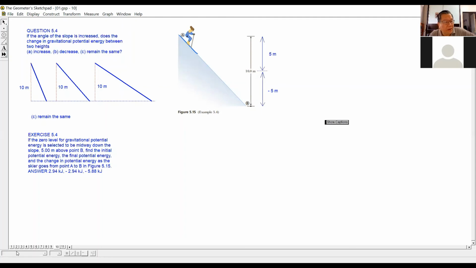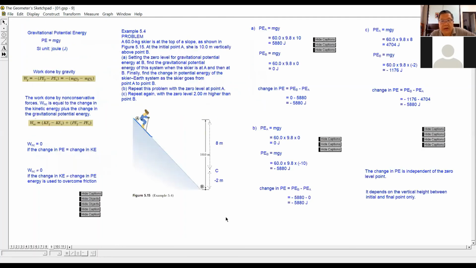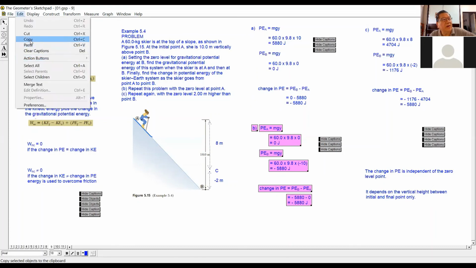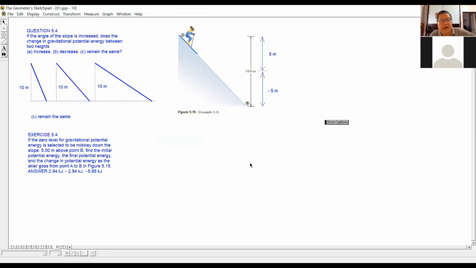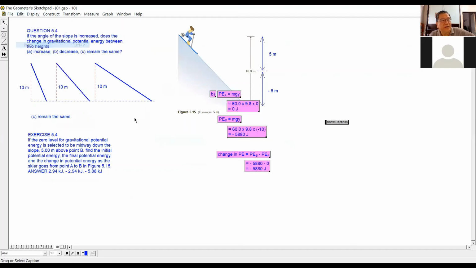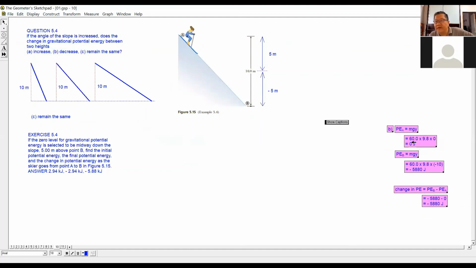Can you calculate the potential energy? Let's say I copy this, edit, copy, and move back here. Then I paste here so that you can refer to this.